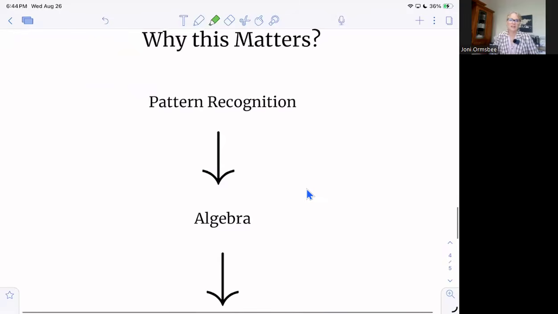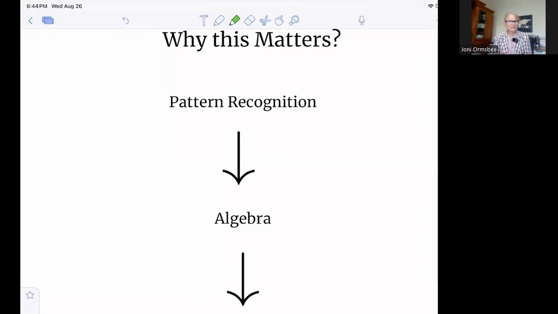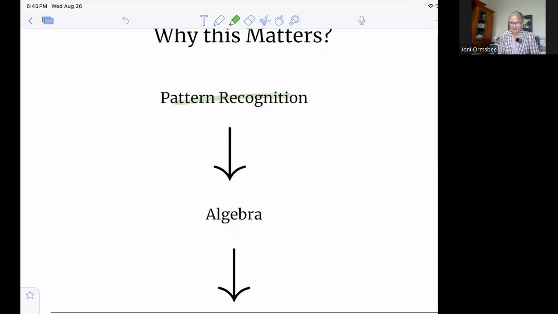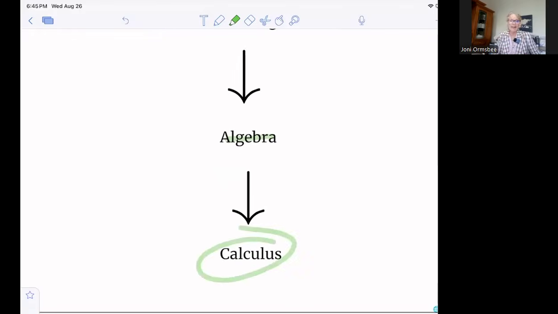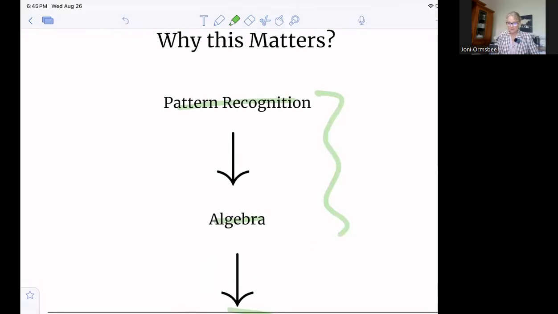Well, pattern recognition, like I said earlier, is something that we use a lot in calculus, and it shows up in algebra, and the underlying pattern necessarily hasn't changed, but the application has changed. It's a little more complex. But the same question is being posed. What do these terms have in common? So pattern recognition leads us to some algebra, and all of that is really driven from a calculus problem. But this is all foundational to the calculus problem.